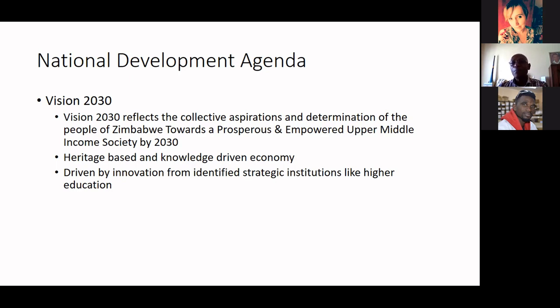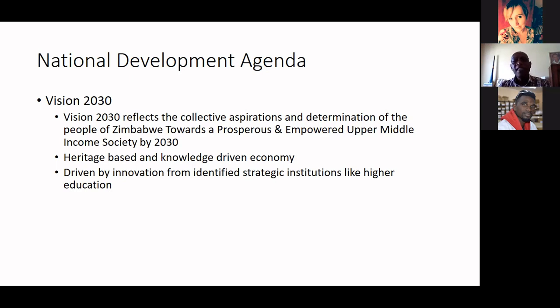It is heritage-based and it is a knowledge-driven program of development. The desire is to see the economy and the other social aspects develop, anchored in the heritage and also driven by the knowledge that derives from our human capital.